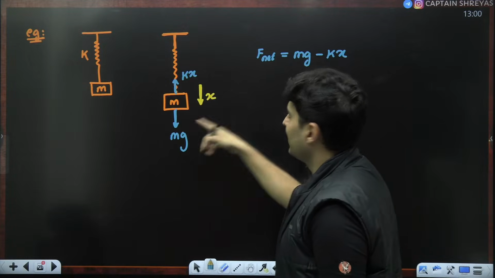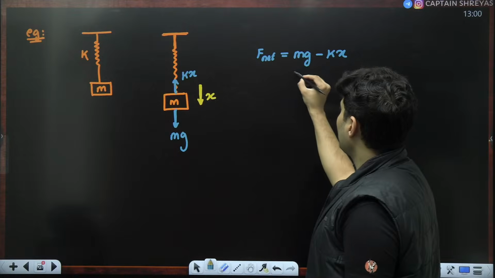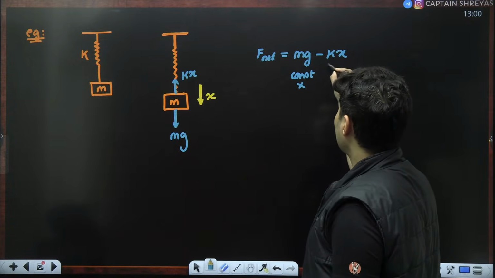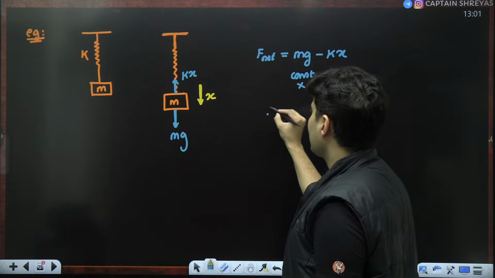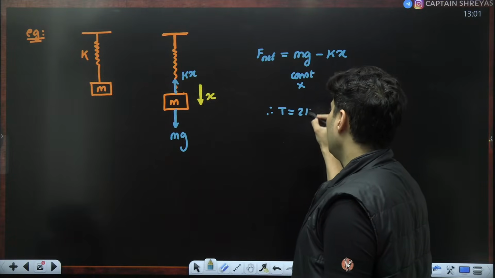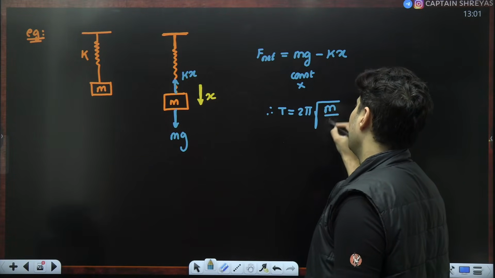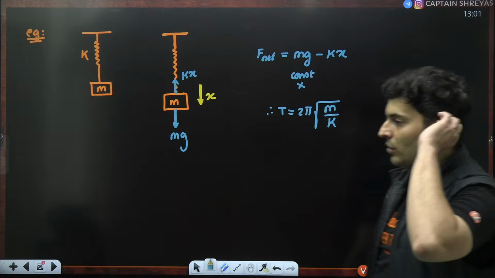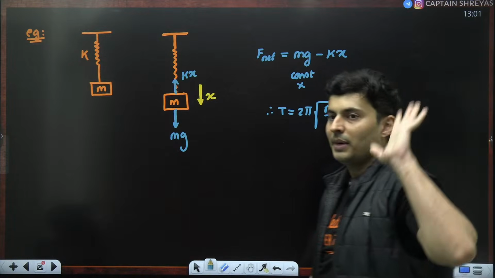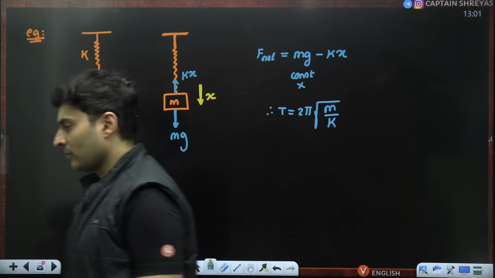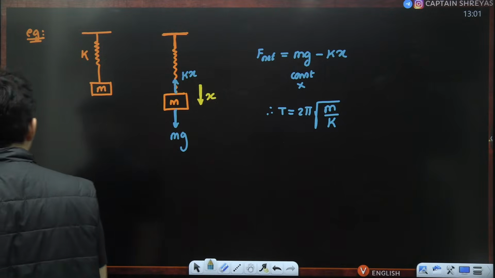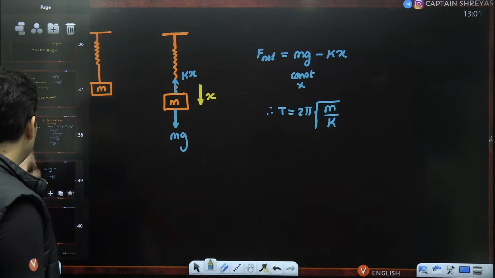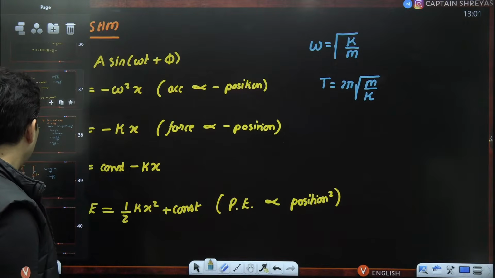Can you see this is like a constant term which won't matter? This is what matters. Hence, the time period is still going to be 2 pi under root m by k. So constant force does not matter for your SHM. Is this absolutely clear? Constant force does not matter for your SHM. Keep that in mind. All right.